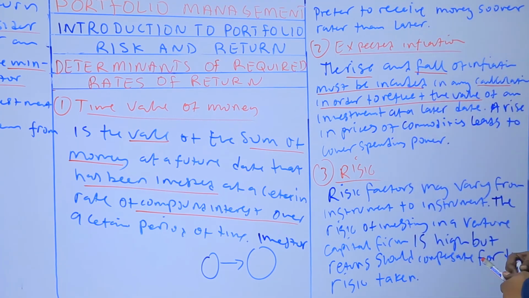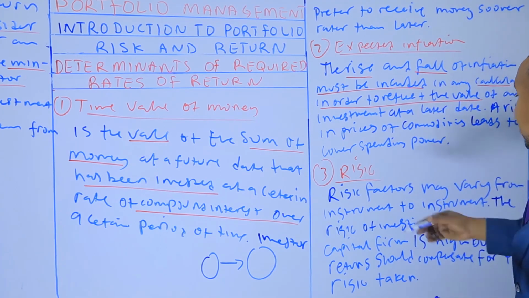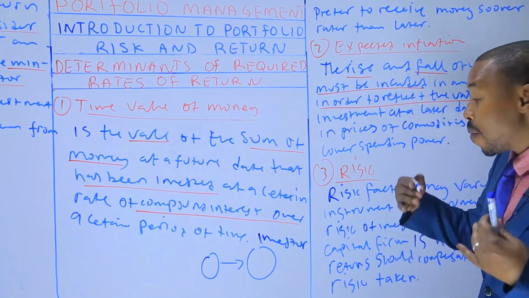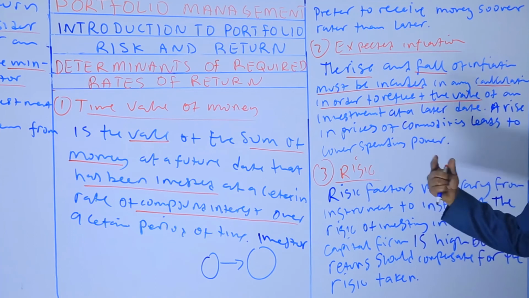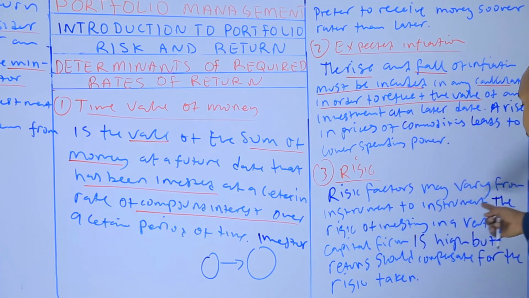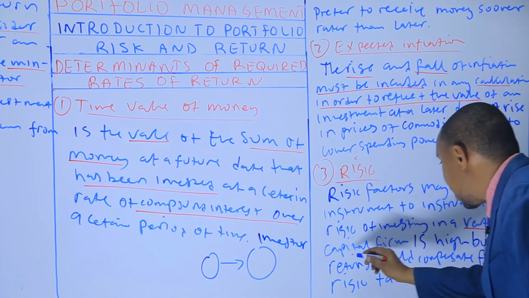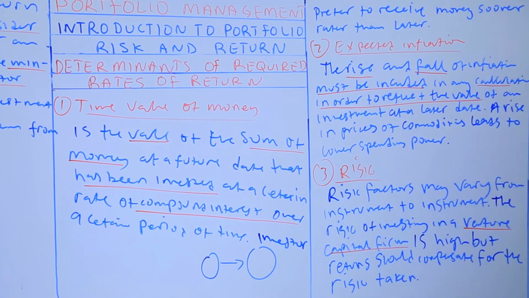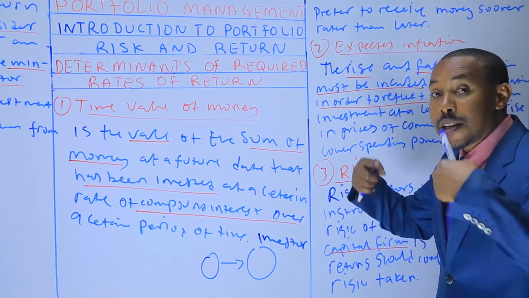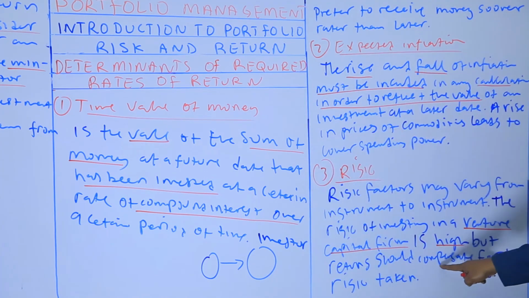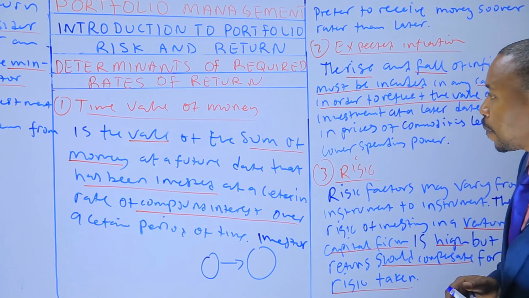So we are saying that risk factors may vary from instrument to instrument, from investment to investment, or from asset class to asset class. The risk of investing in a venture capital firm is high, but the returns generated from that investment should compensate for the risk taken.